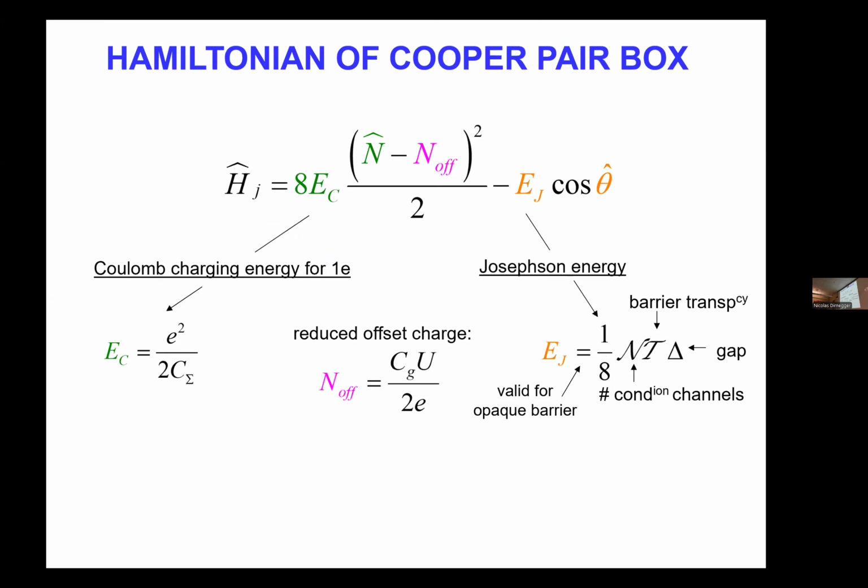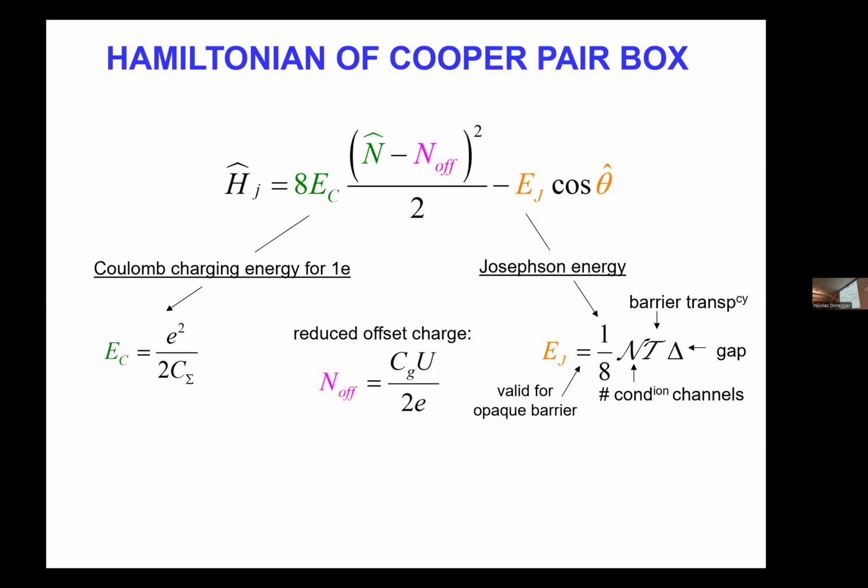Okay, so here is the Hamiltonian of the Cooper pair box. And here we have something that is a bit special because we have the charging energy. And now N, this big N, is not a photon number. Hence my question to Zlatko this morning.